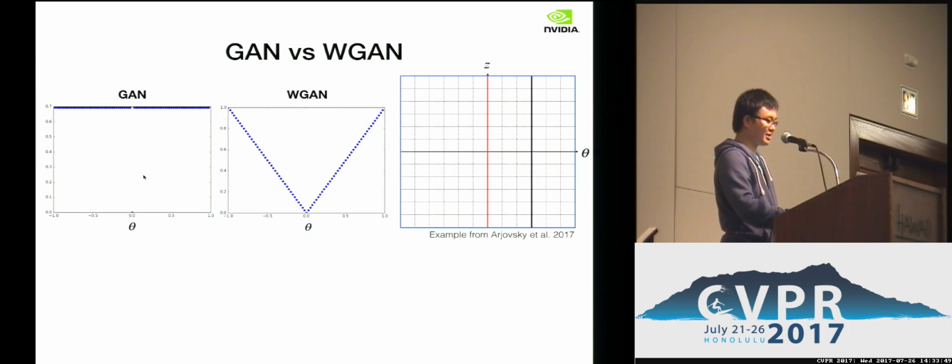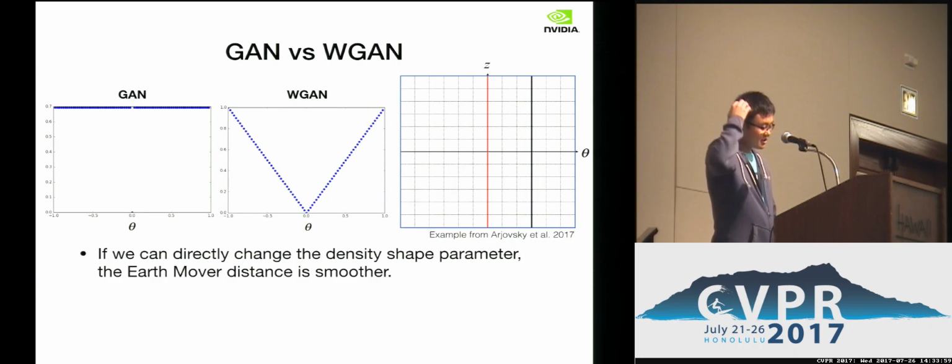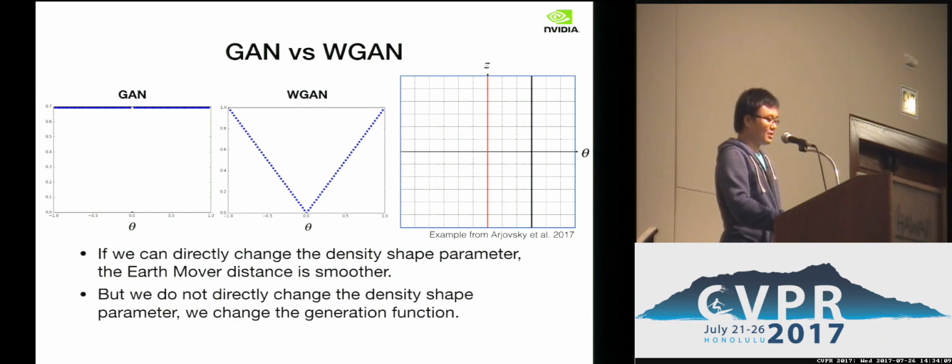So just put them together. You can see that this is a much nicer function to use because it shows you the progress. But it's based on whether we can directly change the density shape parameter. If we can do that, the Earth mover distance is smooth.